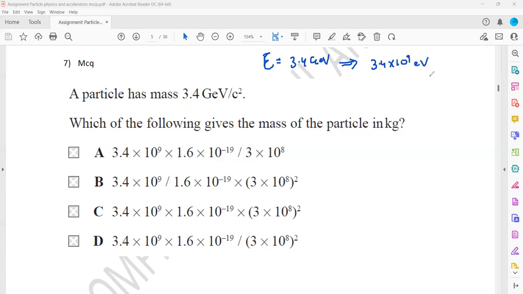And then 1 electron volt is equal to 1.6 into 10 to the power minus 19 joules. So if we have 3.4 into 10 to the power 9 electron volt as x joule, cross multiply, we multiply by 1.6 into 10 to the power minus 19. This will give us the answer in joules: 3.4 into 10 to the power 9 times 1.6 into 10 to the power minus 19.